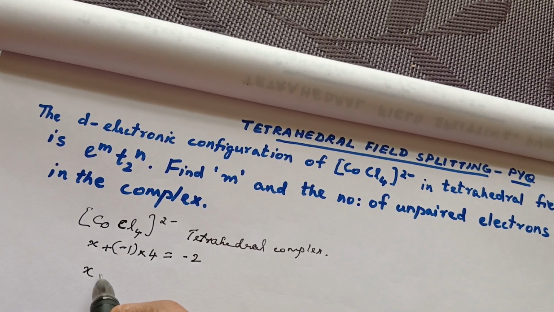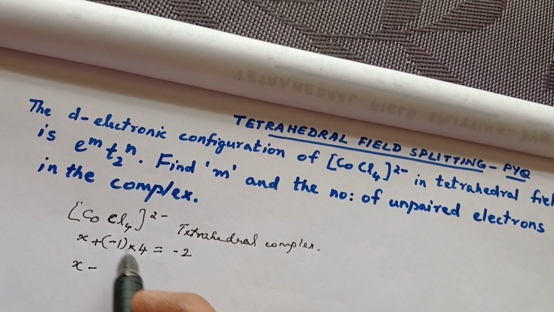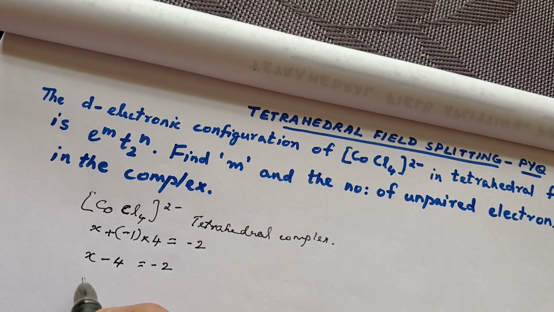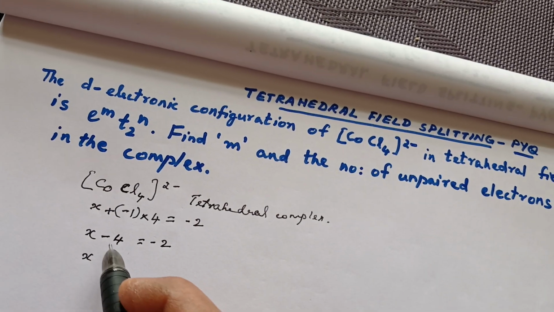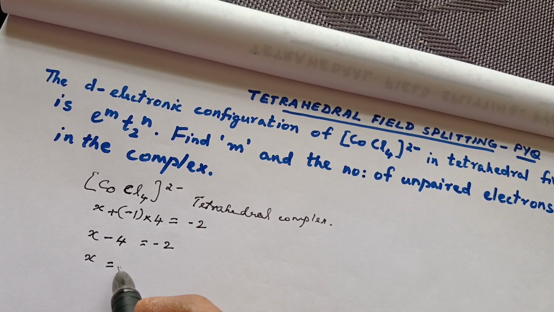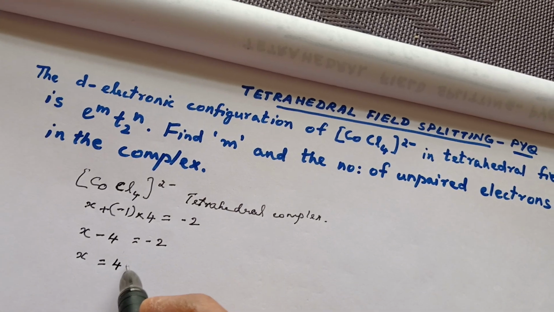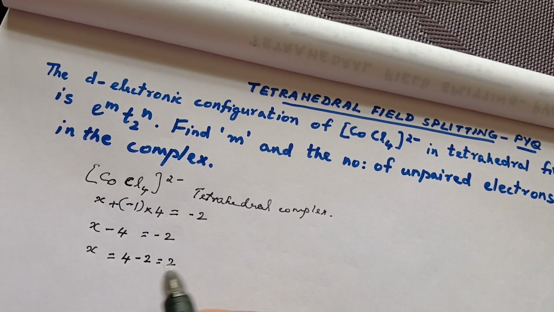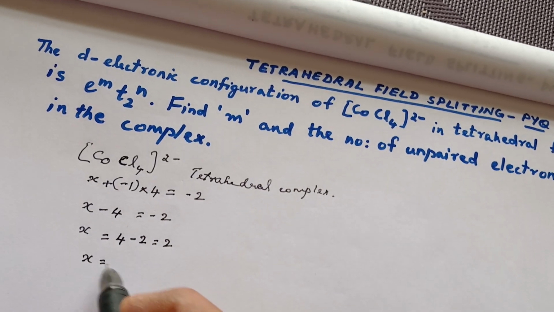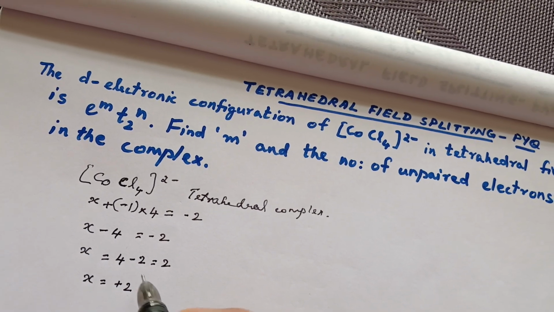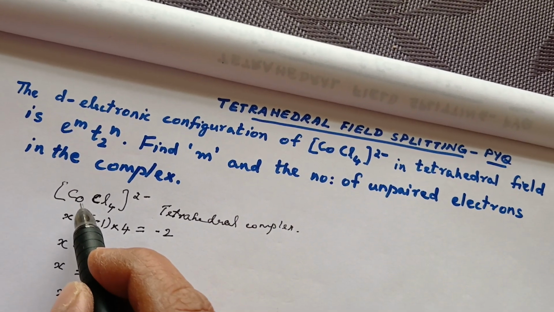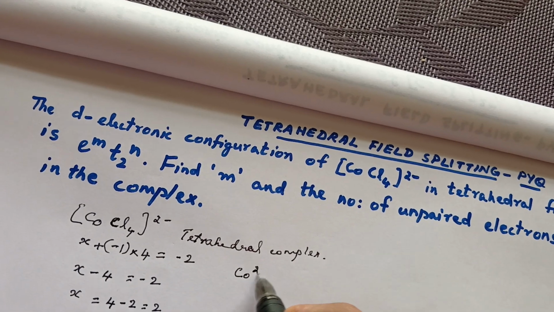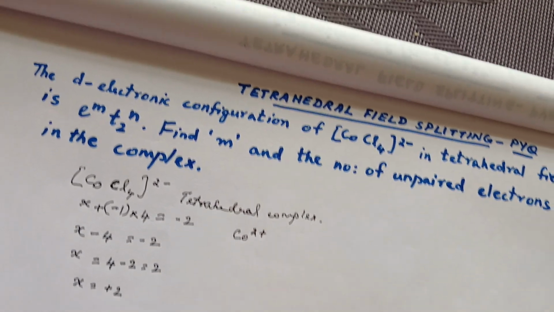So X minus 4 equals -2. X equals 4 minus 2, which is equal to 2. So X equals +2. So in this compound CoCl4 2-, cobalt is in its +2 oxidation state.